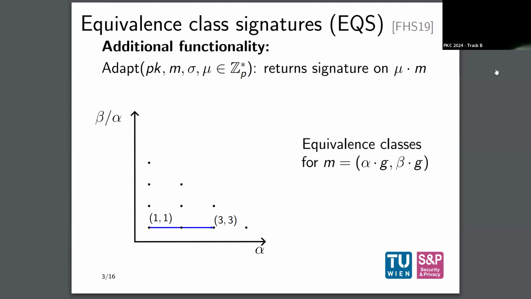And this can be done publicly. So if you have a valid signature, then you don't need to know the secret key of whomever generated that signature to adapt it. For example, if we get a valid signature on g, g, then we can use this adapt functionality, using for example mu equals 3, to adapt it onto a valid signature on the message g cubed, g cubed.